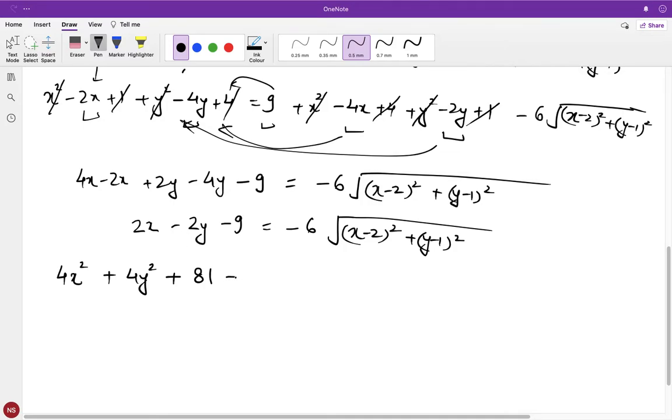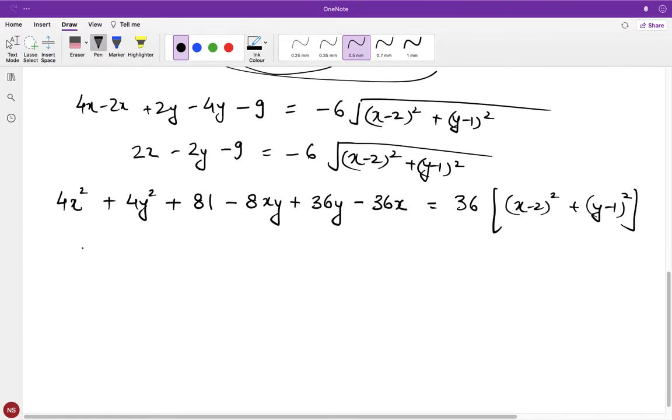So 2 into 2 is 4, into 2 is 8, minus 8xy plus 2bc, both are negative, so the plus sign remains. 2 into 2, 4, and 9, 36, plus 2ca, c is minus 9, so 9 twos are 18, and so minus 36x. We square minus 6, so the square is 36. This square root just disappears upon squaring.